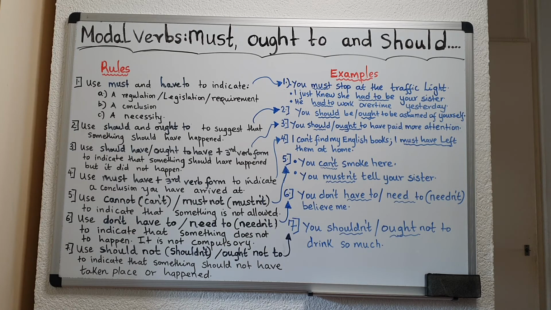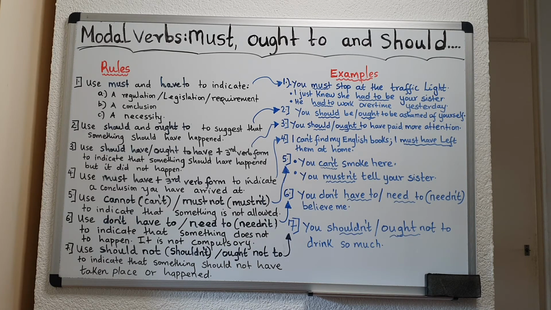You mustn't tell your sister. Or you can say, you mustn't smoke here. So use mustn't or can't to let someone know that something is not allowed. They are not allowed to do it.